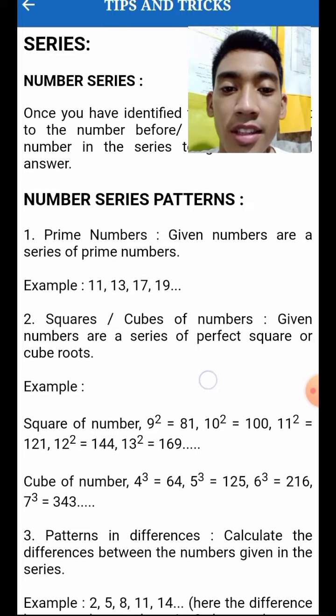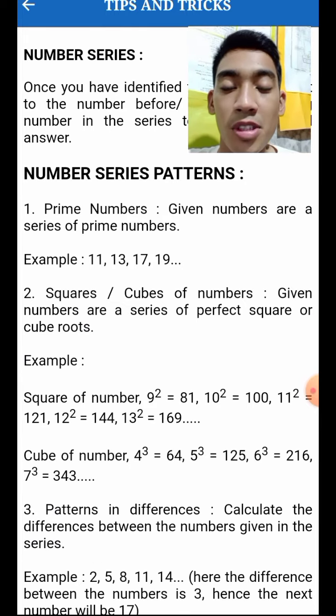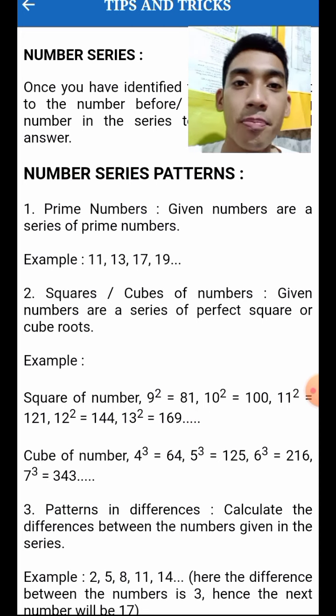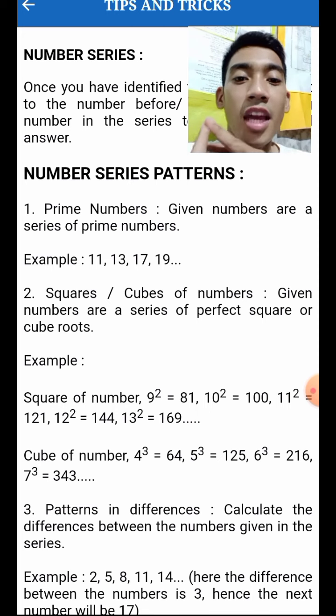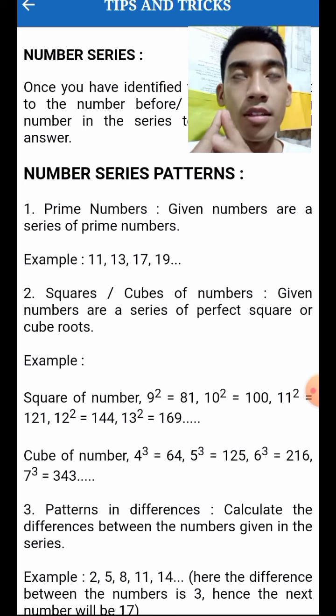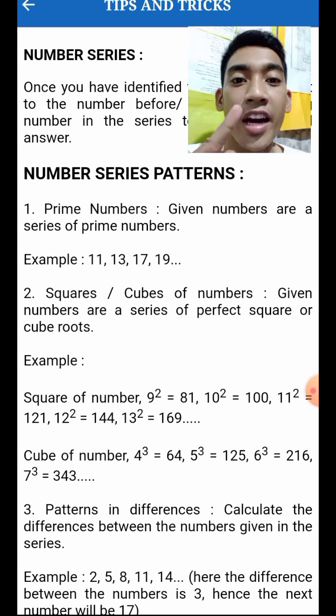In number series patterns, the first to consider is prime numbers. Given numbers are a series of prime numbers: 11, 13, 17, 19. Prime numbers are multiples of only themselves and 1.